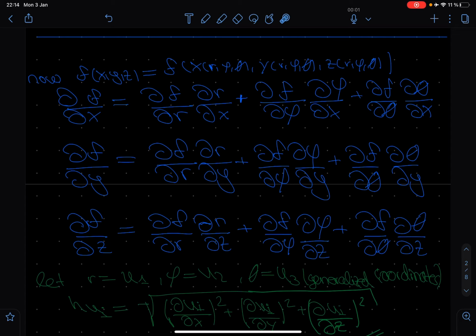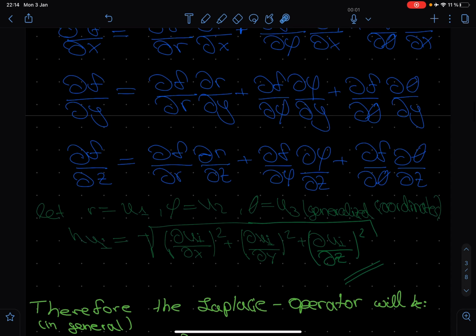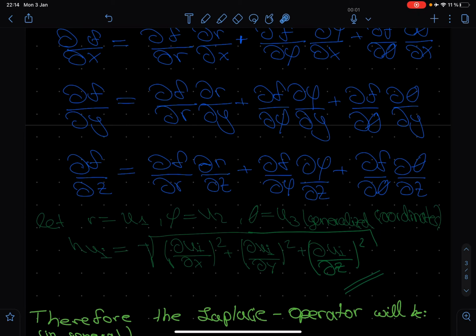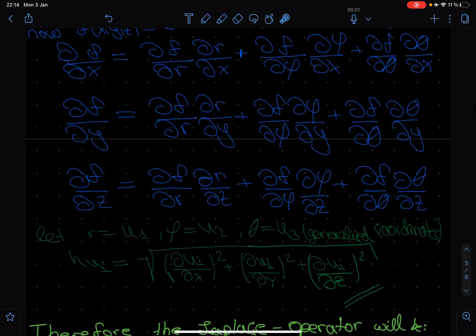I may have an example which I can look up later to show you the exact example of the spherical coordinates. But as you can see, again, in the general coordinates, if we name r more generally u1 and phi u2 and theta u3, we'll get the generalized coordinates.